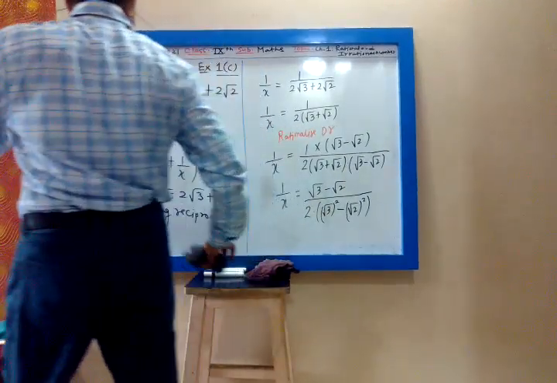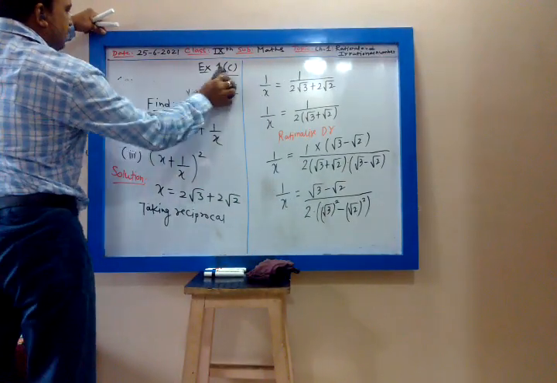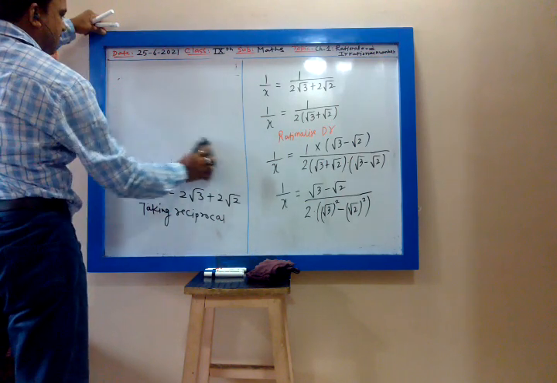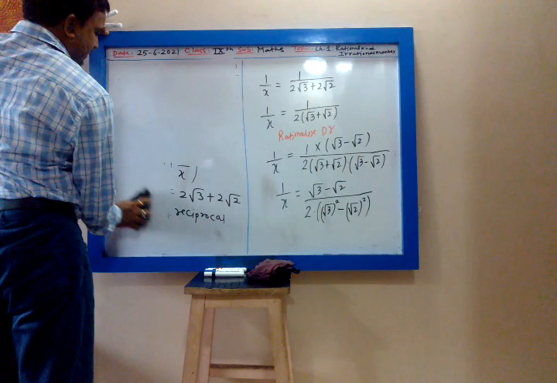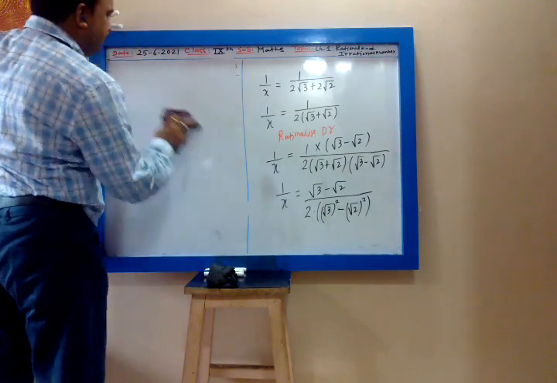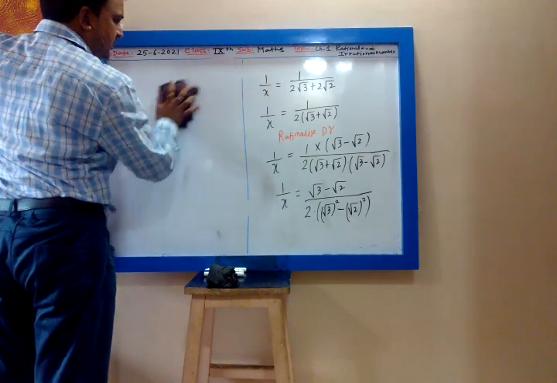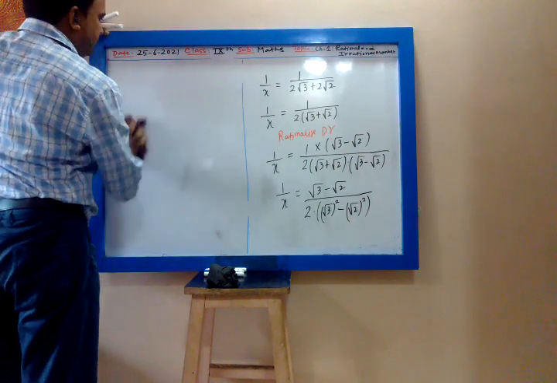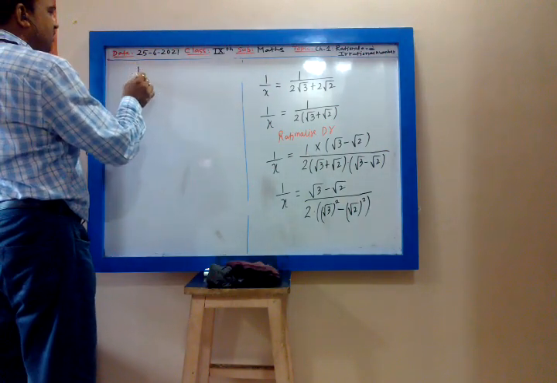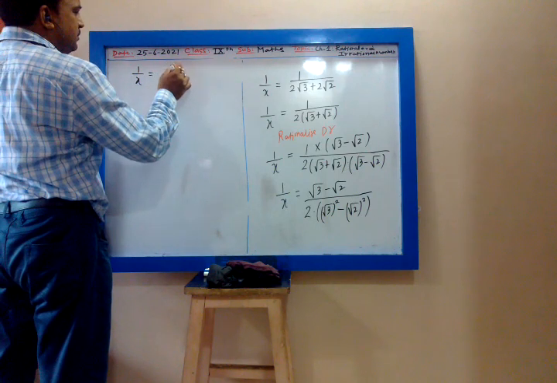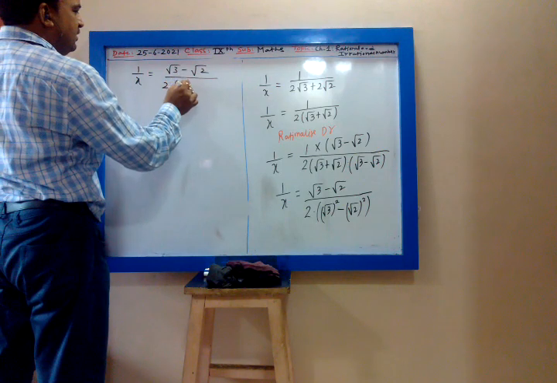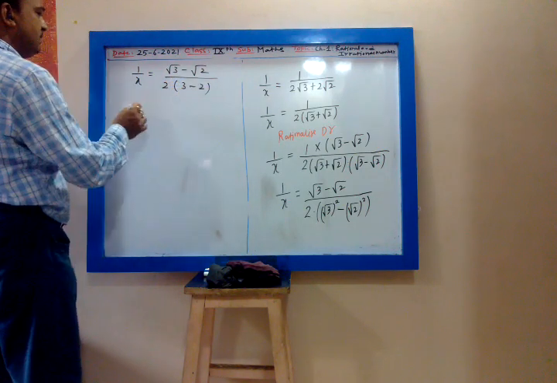So 1 upon x is root 3 minus root 2 upon 2 into root 3 square, which is 3, minus root 2 square, which is 2. 3 minus 2 is 1.